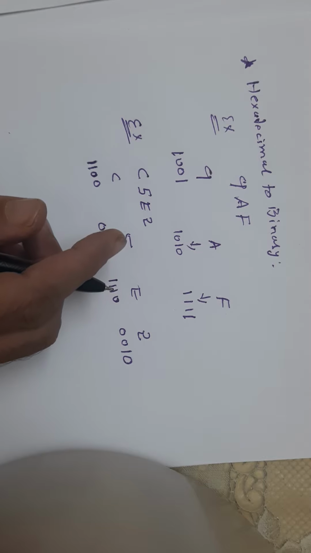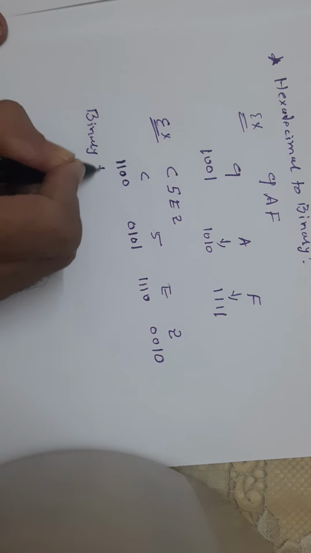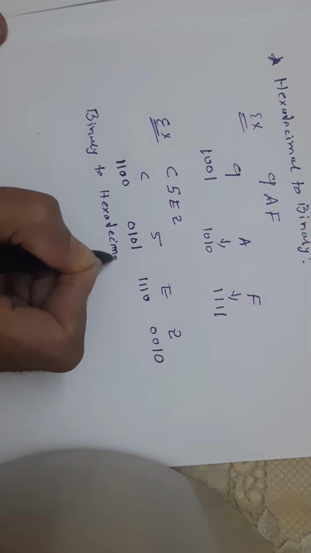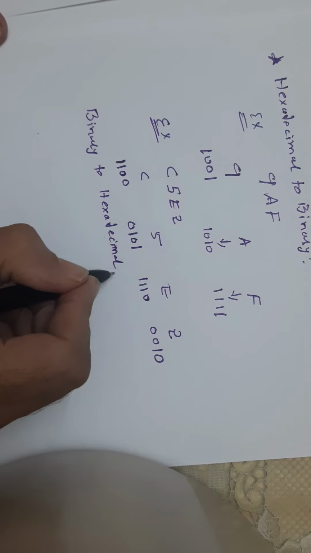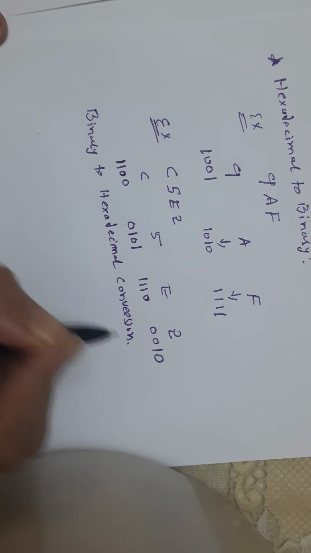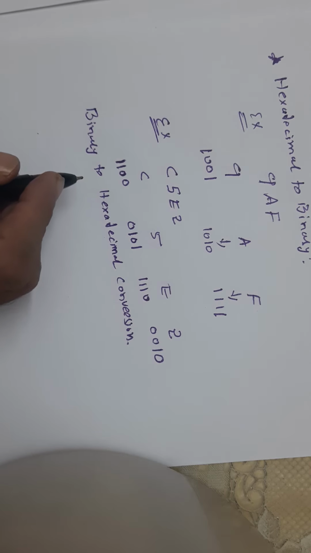Now binary to hexadecimal conversion. For example, to convert in the opposite direction from binary to hexadecimal, again use the code from the above table.